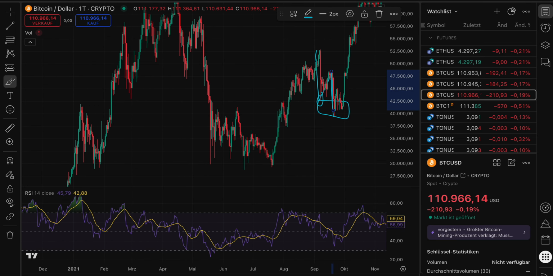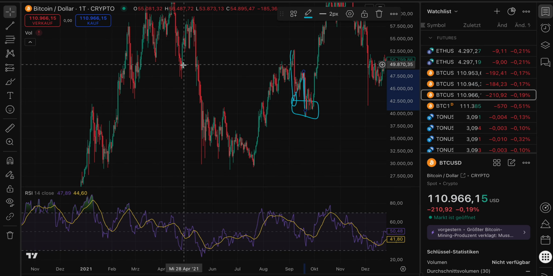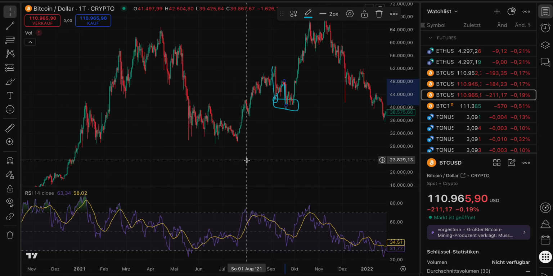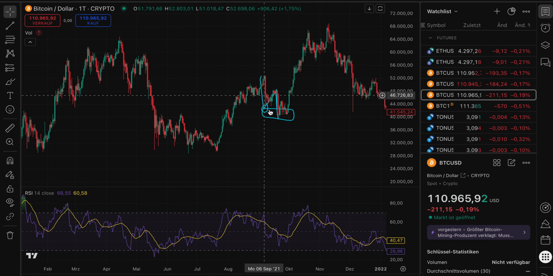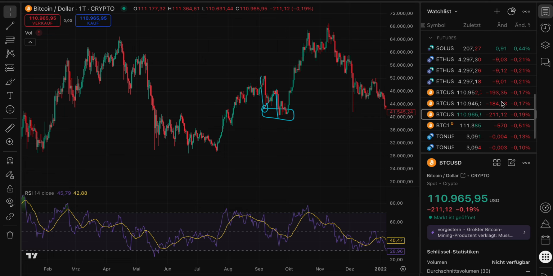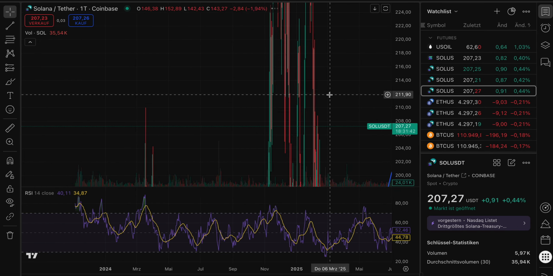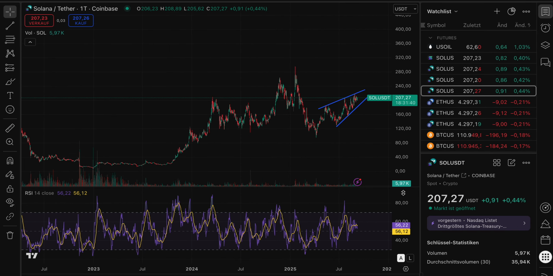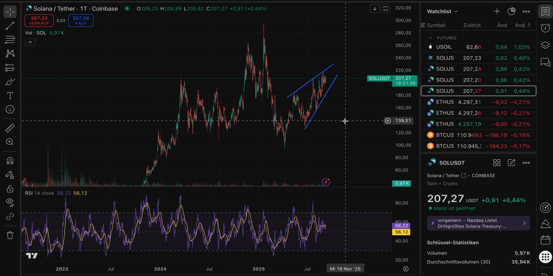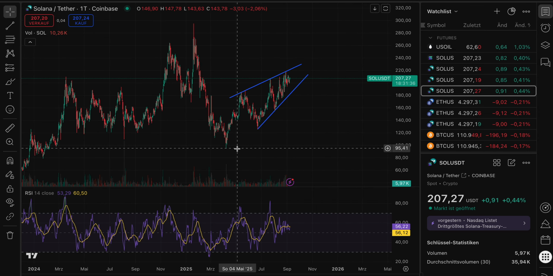Therefore, there have to be crazy news happening for people to get that bearish. Because looking at Solana, the first bottom was at $95, right?